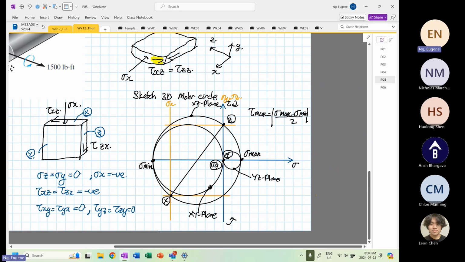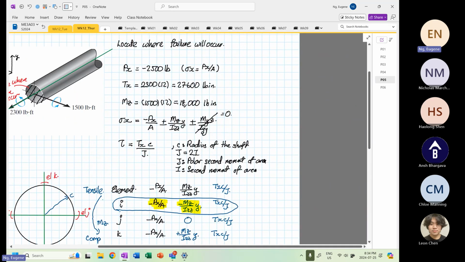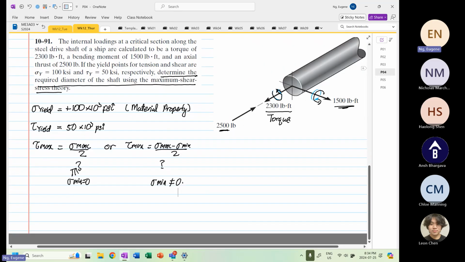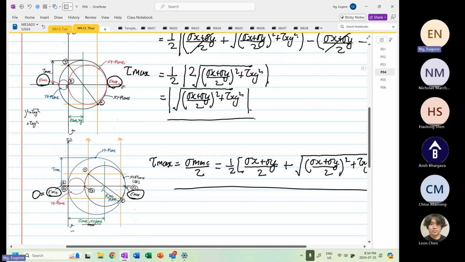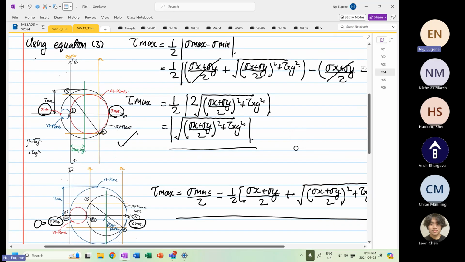Because if you look at the configuration of the 3D Mohr's circle, it follows exactly like this one. So you have a stress min value, you have a stress max value. So we are going to use tau max is equal to this expression over here.